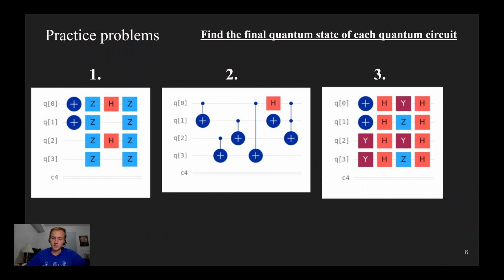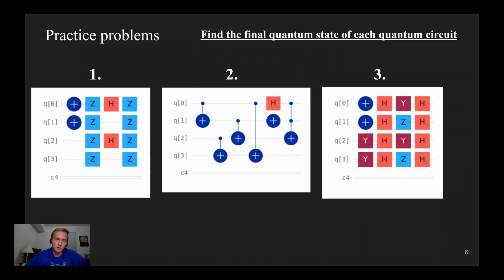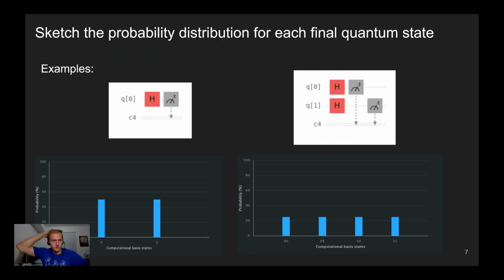All right, moving on. So now the next part that we didn't get to in the in-person session today, but if you are following along at home, you could try this. So with this final quantum state that you've derived an expression for each circuit here, you can take that state and sketch the probability distribution of it.